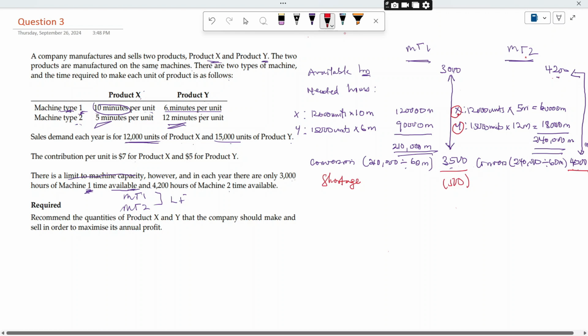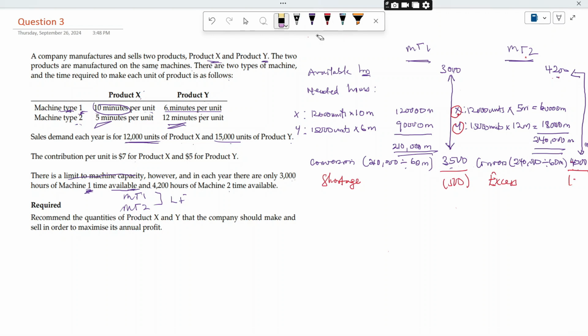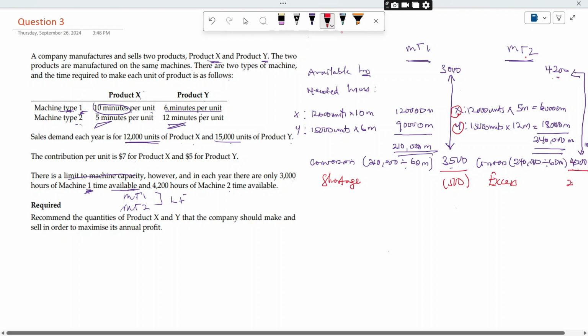So you have more available hours than what you need. Therefore, there is excess. Excess of what? There's excess of 200 hours.